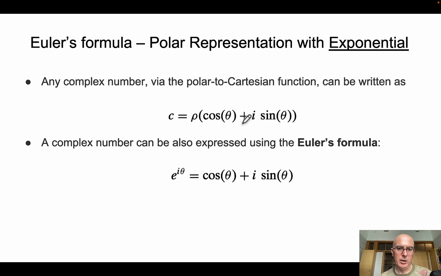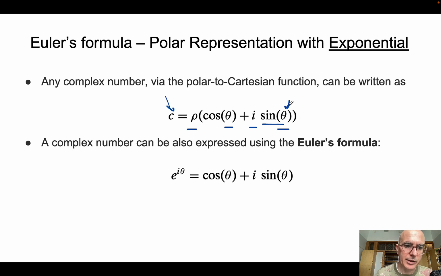In this case, for instance, if we have rho and theta, we can calculate the real part of our Cartesian representation as rho multiplied by the cosine of the phase, and then we can calculate the imaginary part by taking i multiplied by rho multiplied by the sine of the phase.